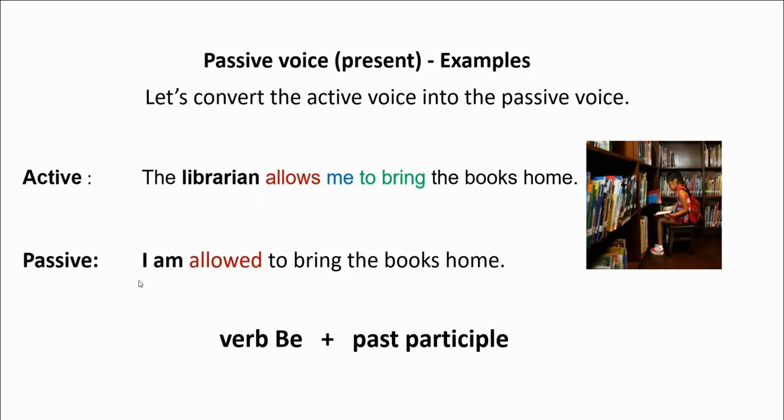And this I am, which is a verb be, followed by the past participle. All right, so I am allowed to bring the books home. But why the I?